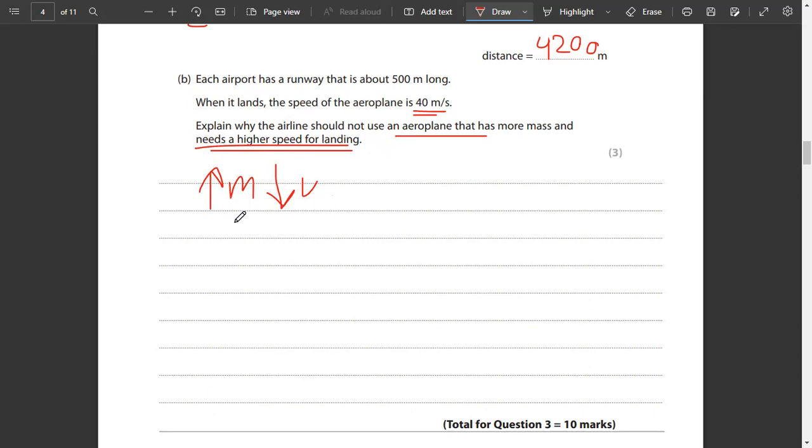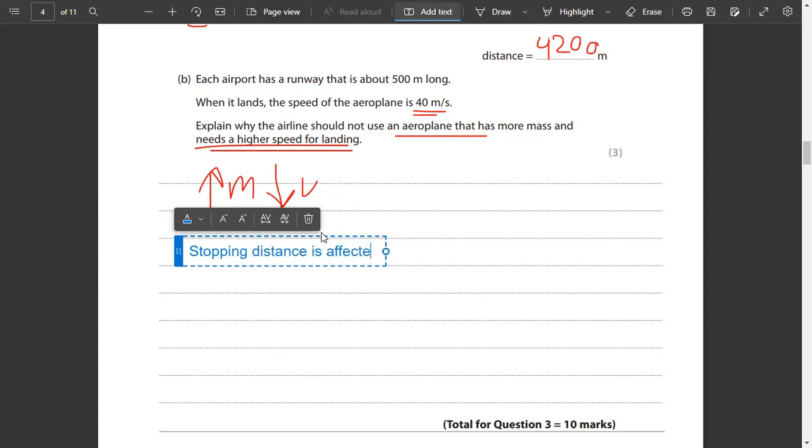मैंने आपको बताया था that if I compare a car and if I compare it with a truck, which of them is going to stop faster? अगर आगे कोई हैजर्ड, अगर एक बंदा रोड क्रॉस कर रहा है आगे, would a car stop more easily or would a truck stop more easily? Obviously a car would stop earlier. A truck with a higher mass would take more time to actually come to a stop position. तो हम यहाँ पे एक्सप्लेनेशन देंगे कि stopping distance is affected by speed or mass.